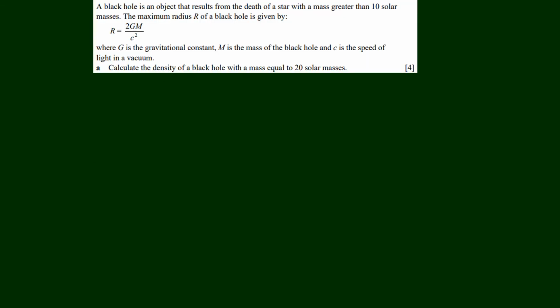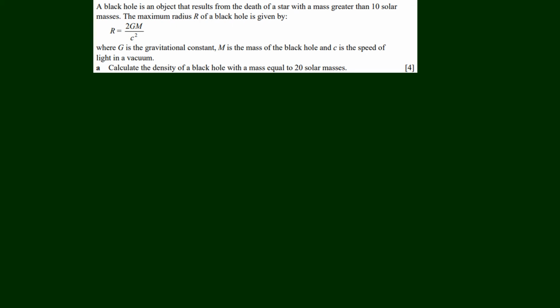Okay, so you can see a typical question here. Calculate the density of a black hole with a mass equal to 20 solar masses. On your formula sheet, you're given the solar mass of the sun, on the front page, 1.99 times 10 to the 30 kilograms.